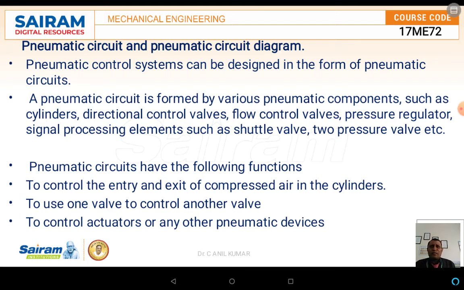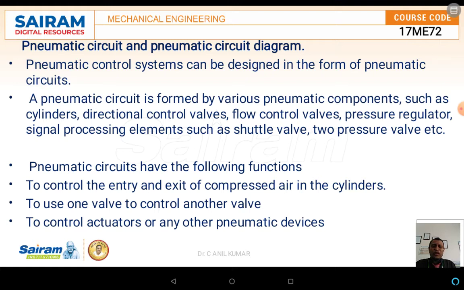Now, the main functions of pneumatic circuits: the first one is controlling how the flow takes place from the entrance to the exit, which is represented in the pneumatic circuit diagram. Another is how the control takes place by means of another valve, whether it is a pneumatic control valve or a hydraulic control valve.